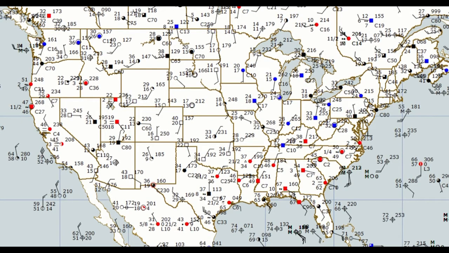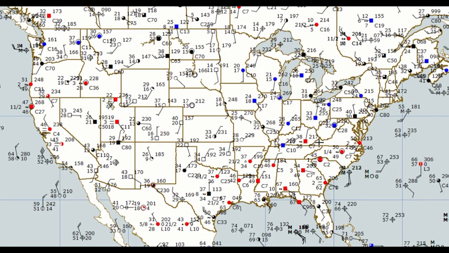If you look at the red, this red indicates IFR conditions. That means the ceiling is either less than 1,000 feet or visibility is less than 1 mile.